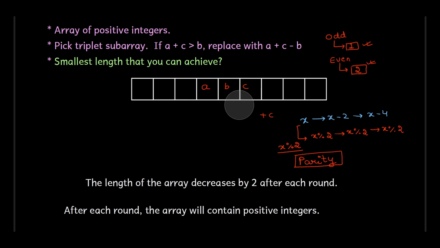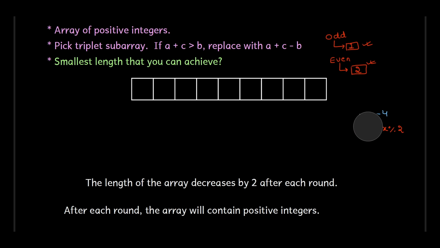How do we find out which cases it will be achievable and which cases it will not be achievable? Now notice that the order of the operations does matter, because if you do the operation on this triplet, then it is possible that after doing the replacement, this will cause all the future triplets to be blocked, because they will now compare.